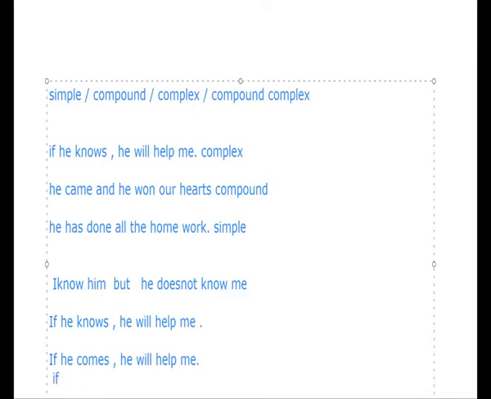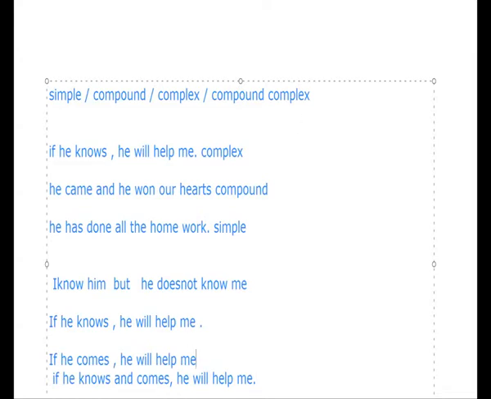If he knows, okay, if he is also common here, and comes, he will help me. I don't have to repeat. One time is enough. He will help me. See, I have compounded two complex sentences. So this is called compound complex.